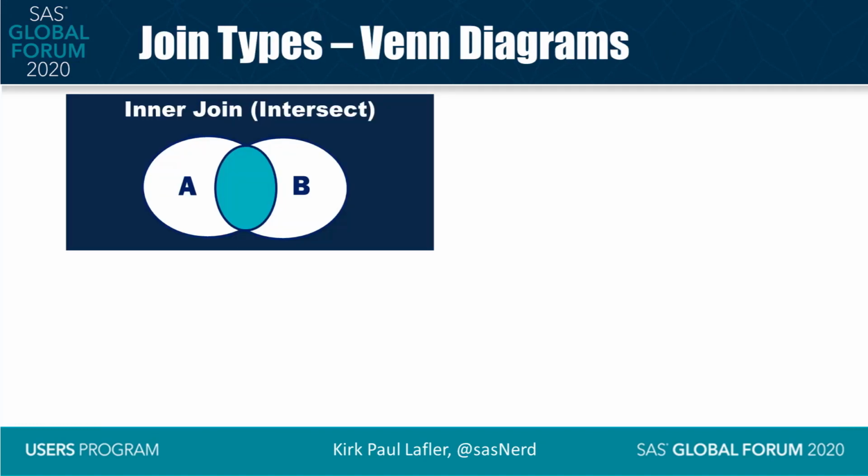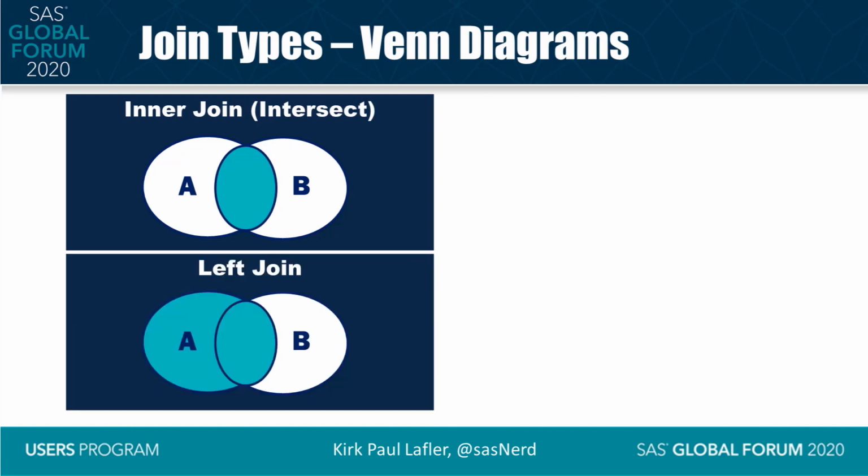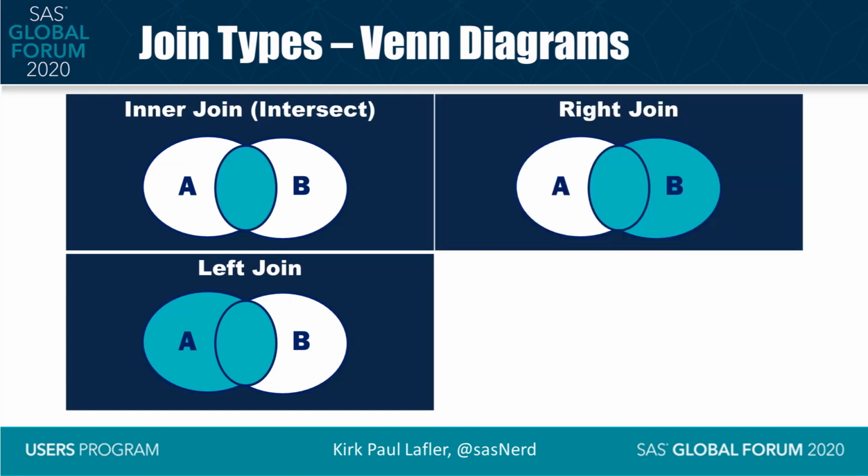We then turned our attention to the join types using a Venn diagram, the inner join or intersect highlighted with the teal or cyan. We then looked at the left join where the intersect is collected, plus the preservation of all the unmatched rows from the left table. Then the right join, where the intersect data is collected, plus all the unmatched rows from the right table.